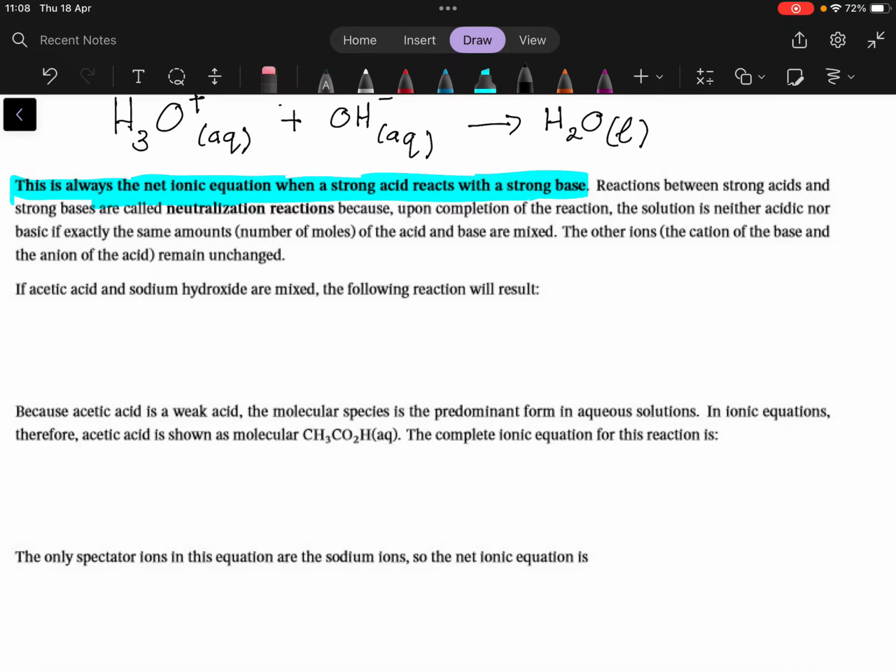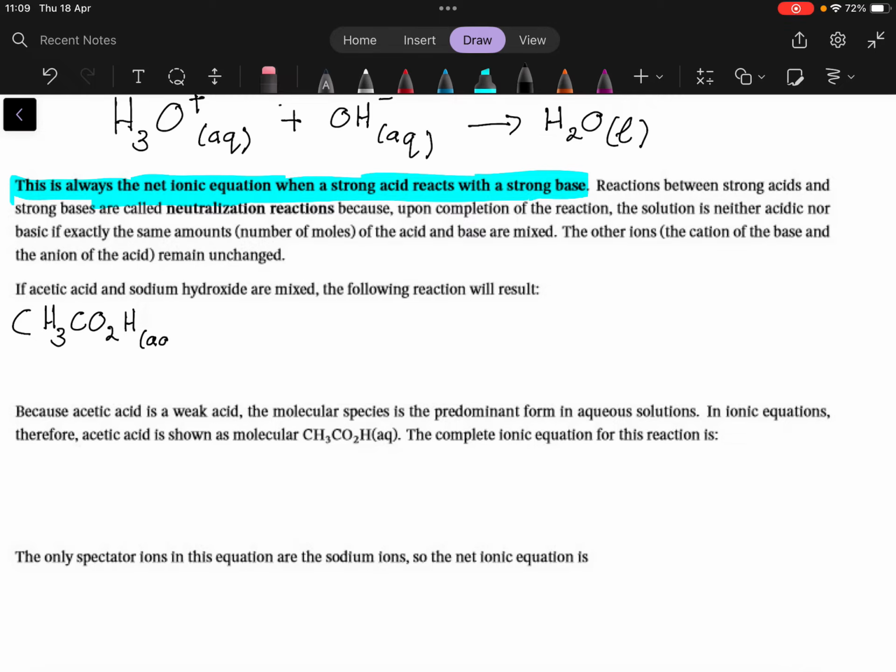However, the story changes. So now we looked at a strong acid, strong base. What happens when you have a weak acid with a strong base? So the weak acid that we will look at is acetic acid, CH3CO2H.